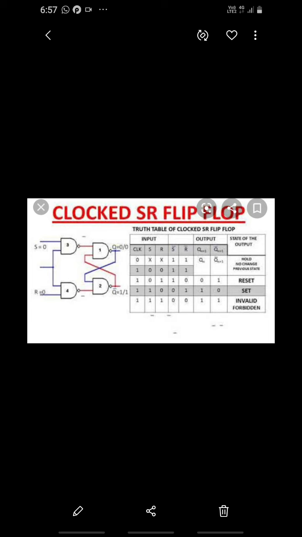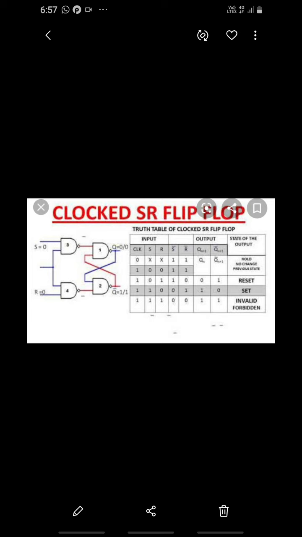The operation, case 1: as long as the clock is at a low level, the NAND gates 3 and 4 are disabled irrespective of S and R inputs. Thus, the output remains in its previous state.